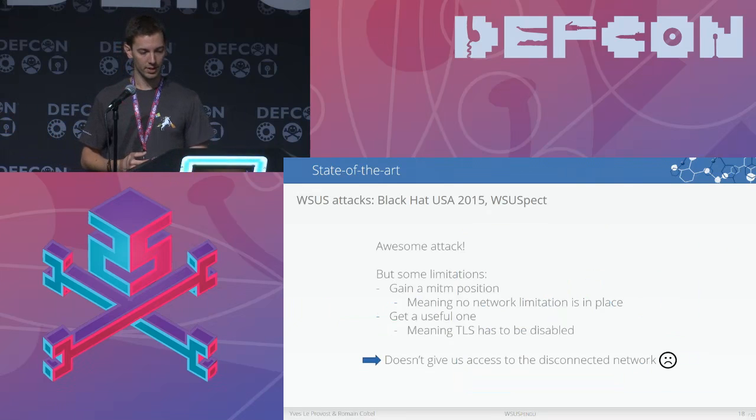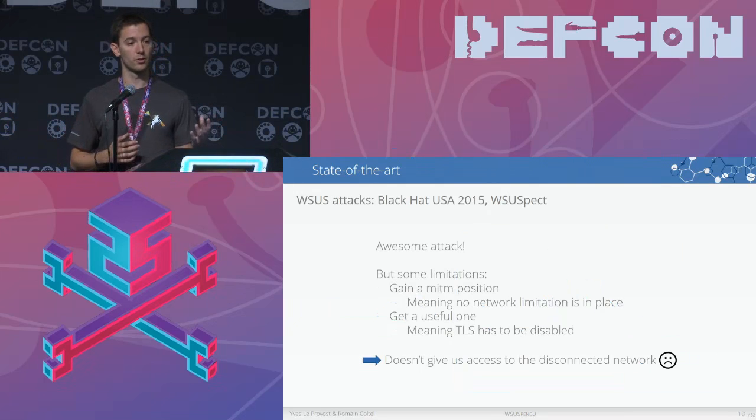The clients then apply these new updates with system privileges, and that's how you get control of the WSUS clients. This really is an awesome attack because it's the first on the Microsoft update architecture, but it has some limitations. The first one is that you need to get a man-in-the-middle position, meaning that there's no network limitation in place, such as a private VLAN, for example. And the second limitation is that you need to get a useful one.